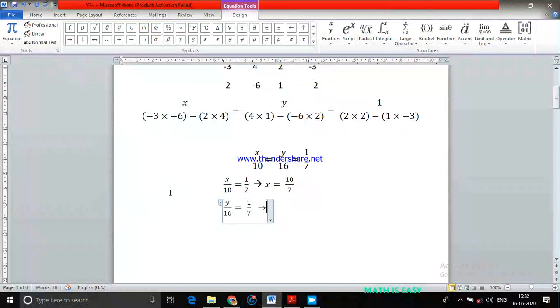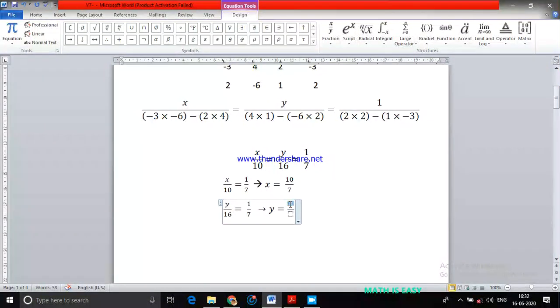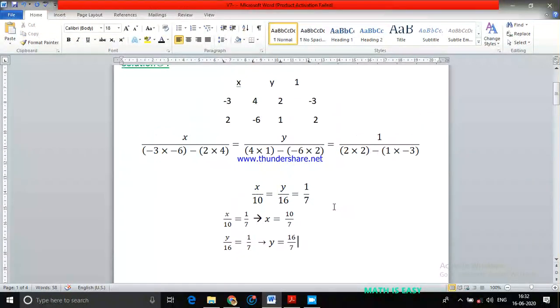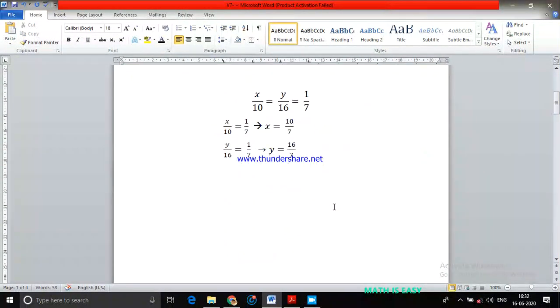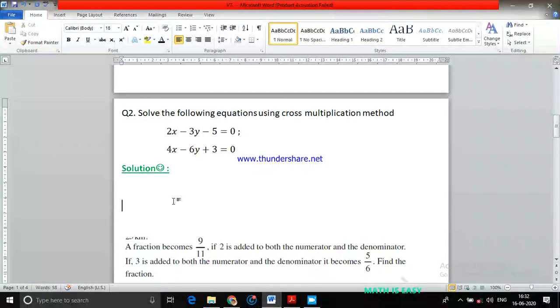That implies, if I want y value, I'll get y equals 16 upon 7, because that 16 will go to the numerator, so this will come as 16 upon 7. So x value is 10 upon 7 and y value is 16 upon 7. Hope this method is clear to you. So let's take another example to solve this one.